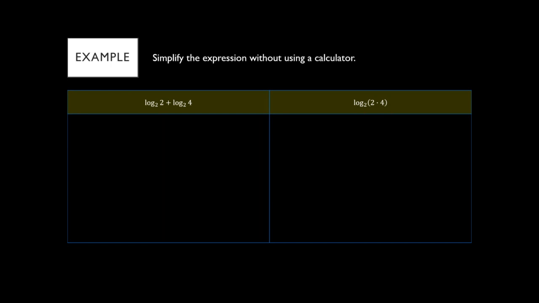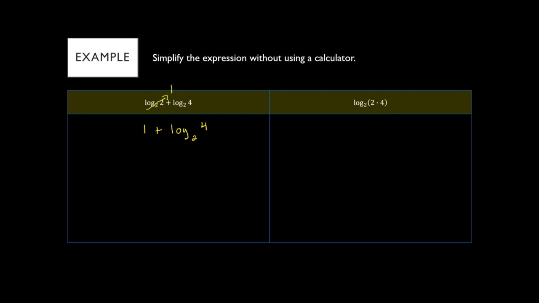On the left here, we have a log base 2 of 2 plus a log base 2 of 4. We know from our rules that log base 2 of 2 is going to give us 1. So far we have 1 plus the log base 2 of 4. But we don't have a property if the base and what you're taking the log of doesn't match.